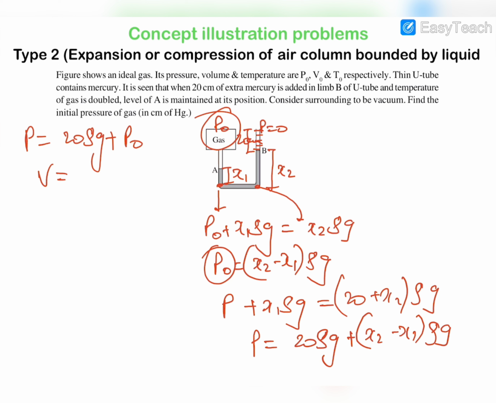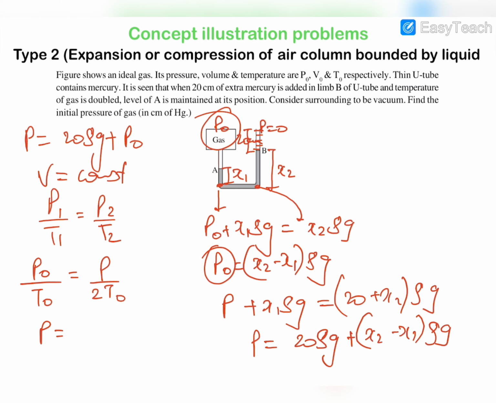So if volume is constant, we can say that P1 by T1 is equal to P2 by T2. So P1 was P naught and T1 was T naught, and now P2 is P and T2 is 2 T naught. So P is equal to 2 P naught, and therefore P will be equal to this one.